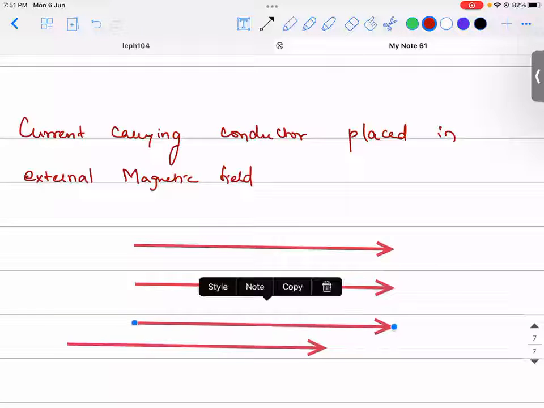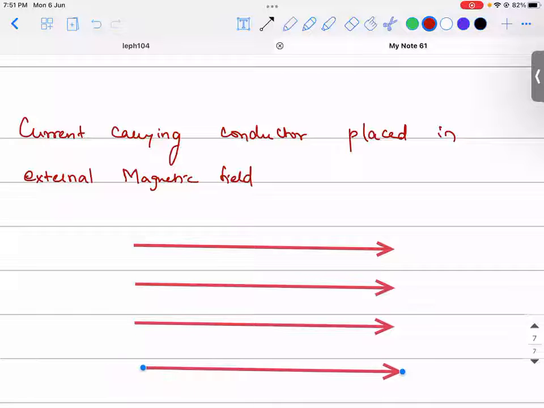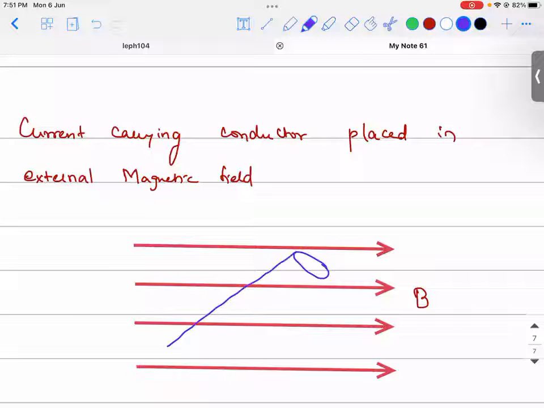So let's say this is how a magnetic field is already existing, into which there is a conductor like this that is placed. Let's say the current is flowing in this direction and the length of the conductor, if I take it to be L, let's say one of the electrons is there inside.